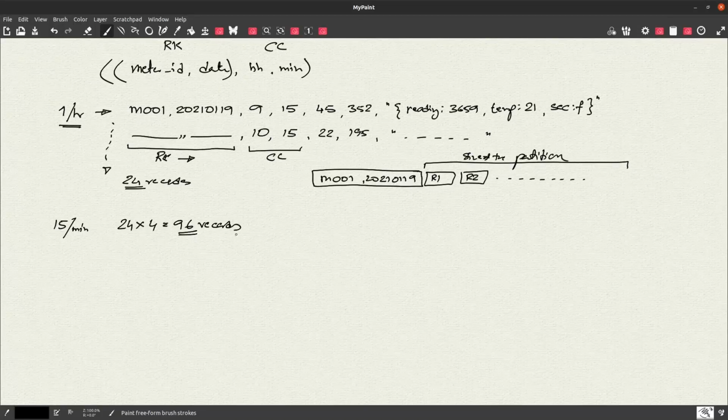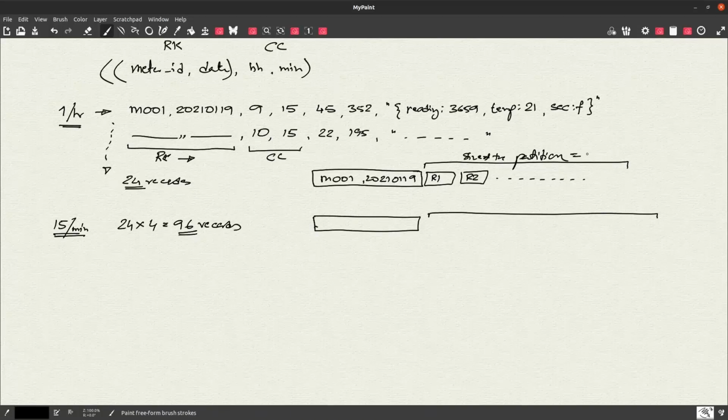Okay. And if I look at an increased velocity, it will have the same partition key, but the size of the partition now is, here it is 24 records, here it is 96 records. You can see that this is the partition key and that's all the rows. And that is essentially what Cassandra is all about. It's a row-oriented store.